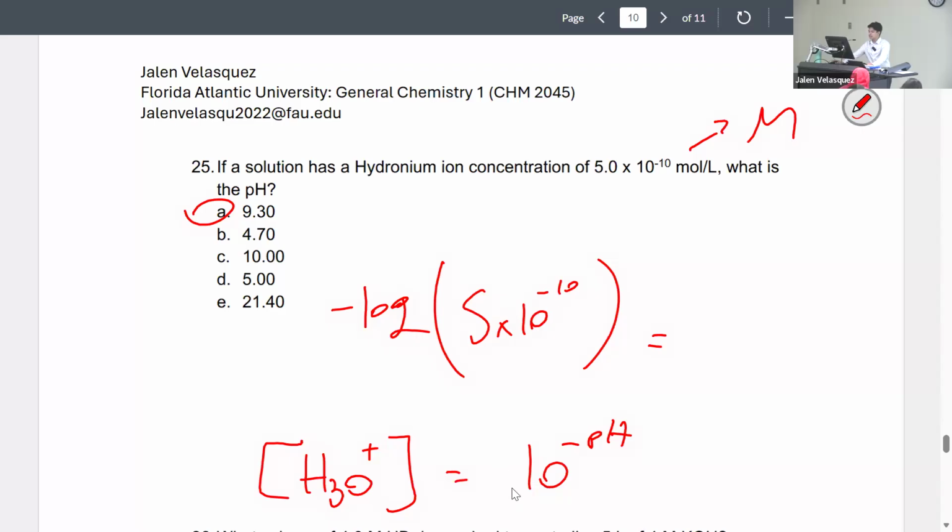You've got to undo that 10, and then it's got the negative, right? So it's the negative pH. Okay. So make sure you do know both of these, okay? Any questions about quantifying acids here with pH? I'll go to the next one.